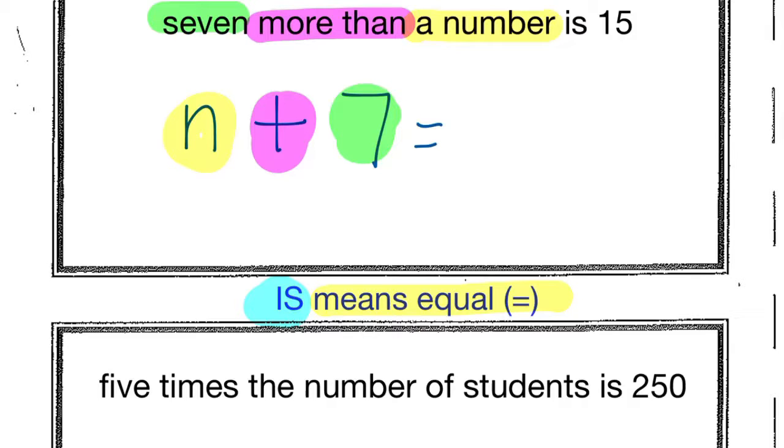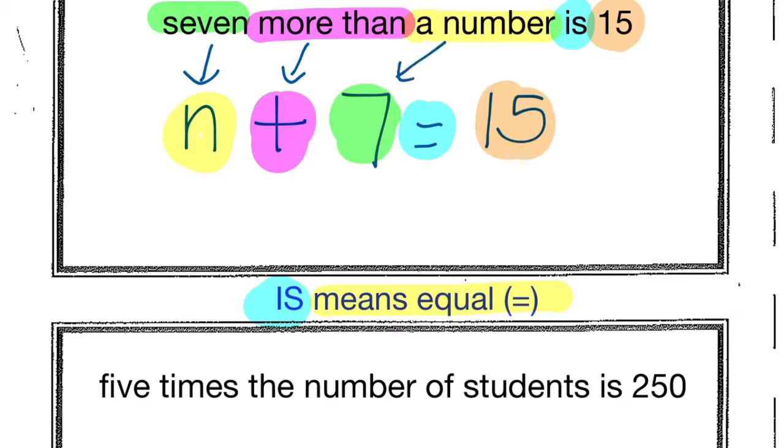I should have gone first like this, but we can back it up. Is is going to be here, and then 15. The last part is the 15 there. Do you notice how everything that I've highlighted has a symbol, a number, or a variable that goes with it? You want to make sure that when we're doing these, you have those things highlighted and that you have something to go with each.